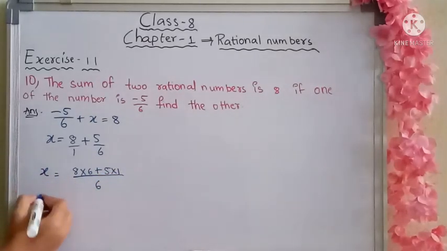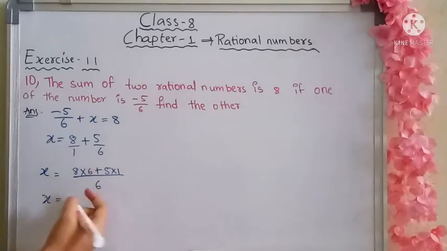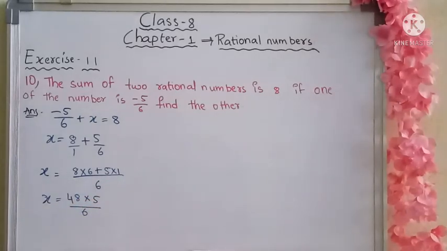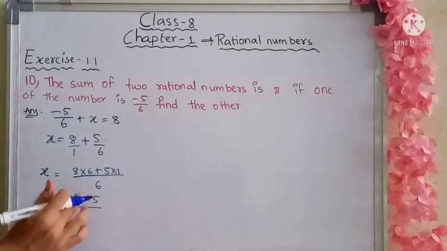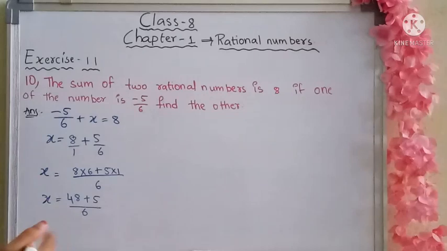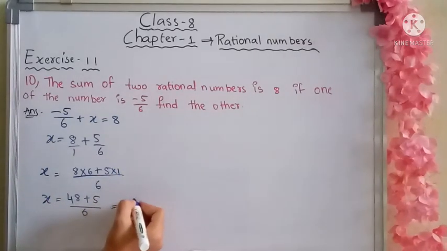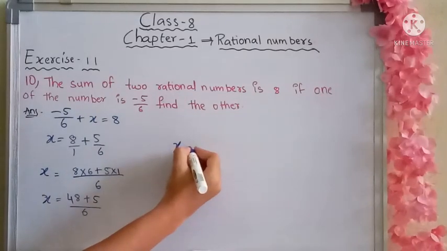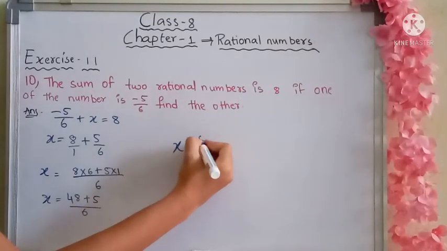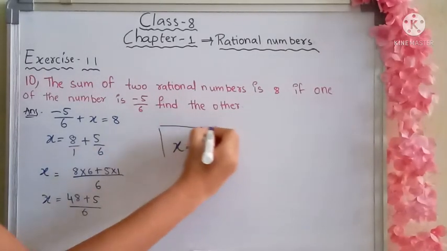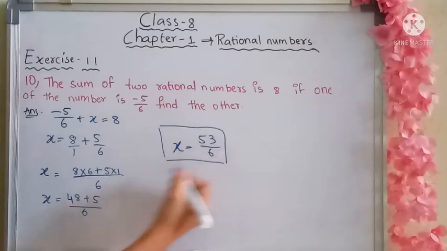Now x is equals to 8 sixes are 48, plus 5 upon 6. 48 plus 5, which is equals to 53. So directly you can say that x is equals to 53 upon 6. So the value of x is equals to 53 upon 6.